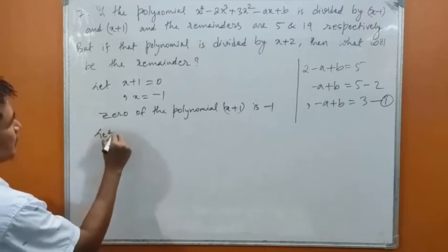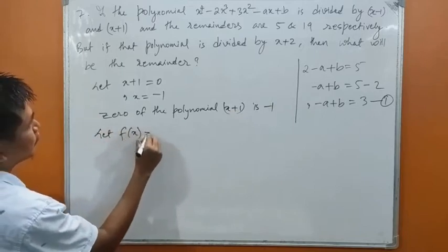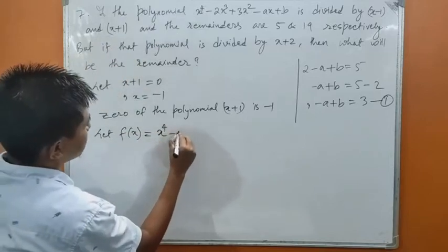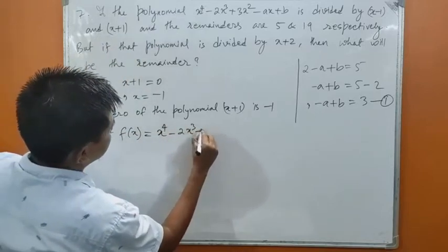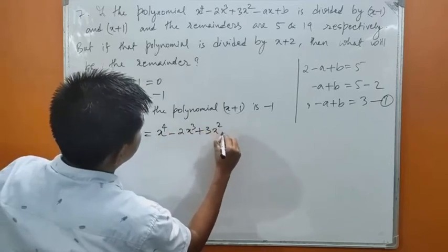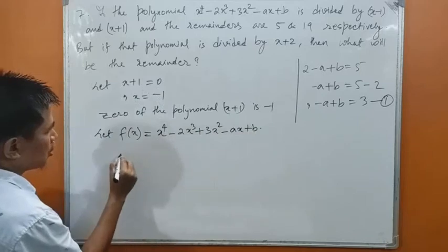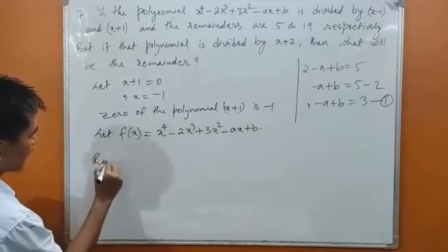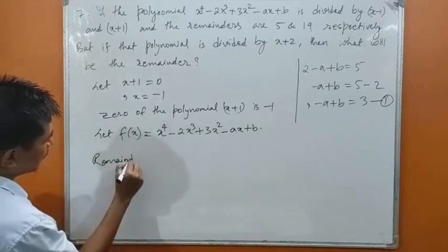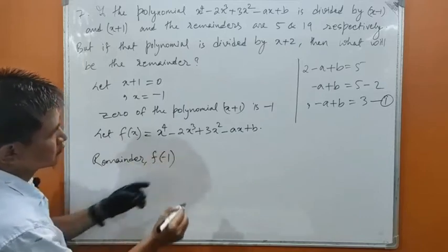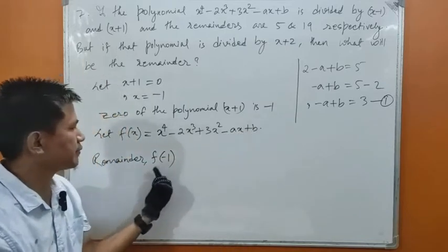So let f(x) equals to x to the power 4 minus 2x cubed plus 3x squared minus ax plus b. Okay. Therefore, our remainder will be f(minus 1), isn't it? f(minus 1) will be the remainder.